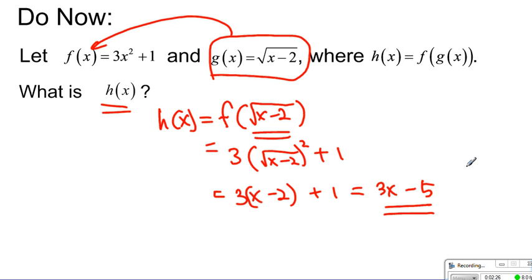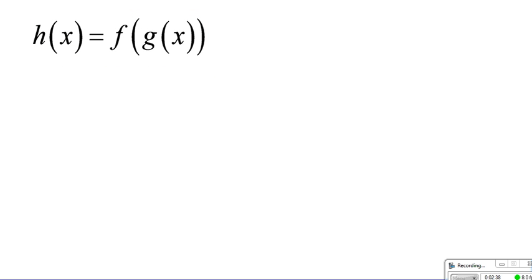Alright, then at this point, when you look into this question, yes, we've been talking in many classes about how to find h of x given f and g.